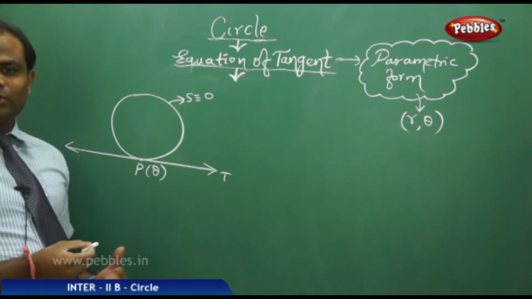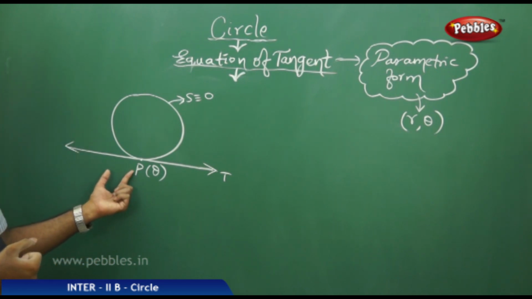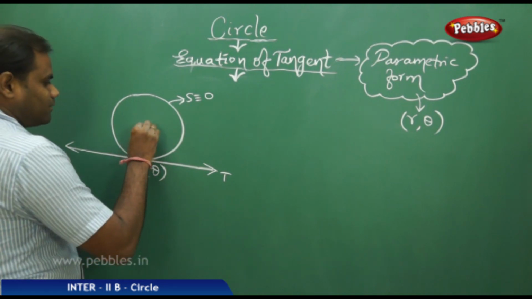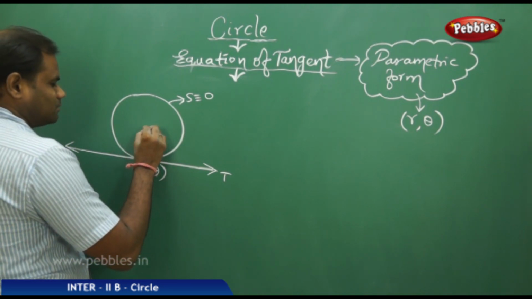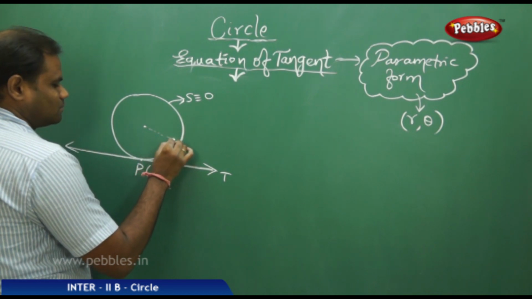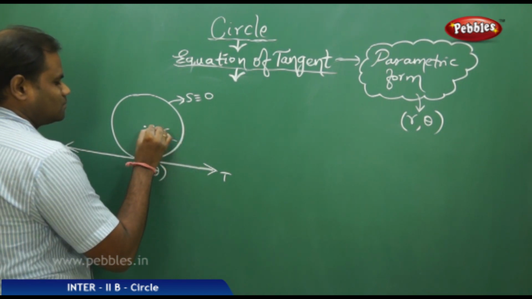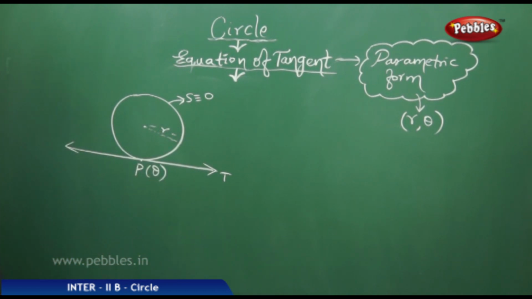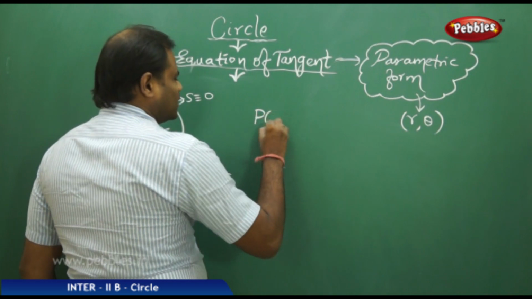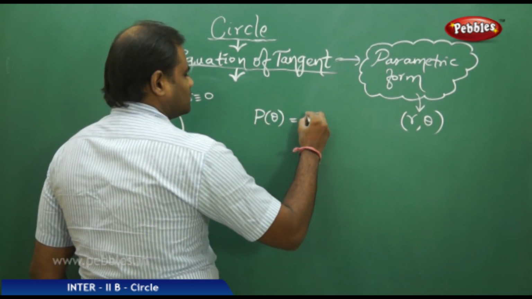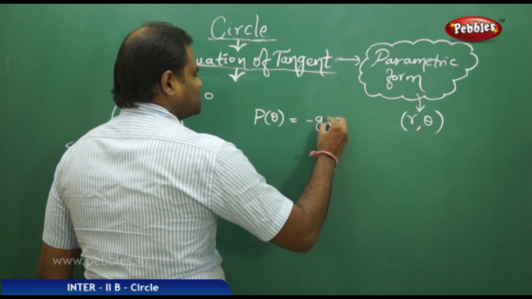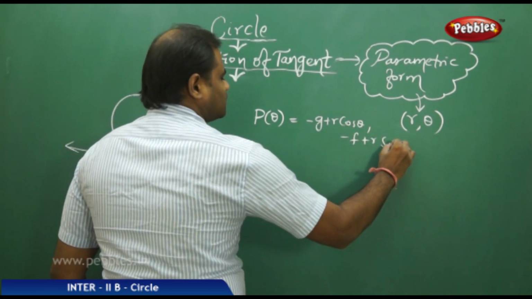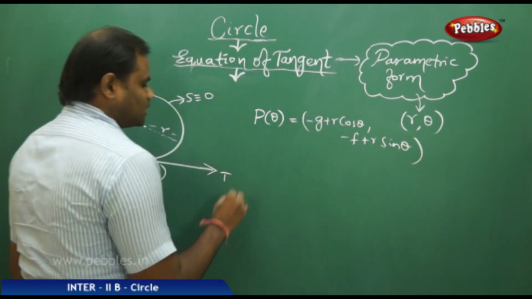So let me say the polar coordinates of the point P, the point of contact of the tangent with the circle, is theta, and let the radius of the circle be r. Then with r being the radius of the circle and theta being the point of contact, I have P theta, which is given by minus g plus r cos theta, minus f plus r sin theta.